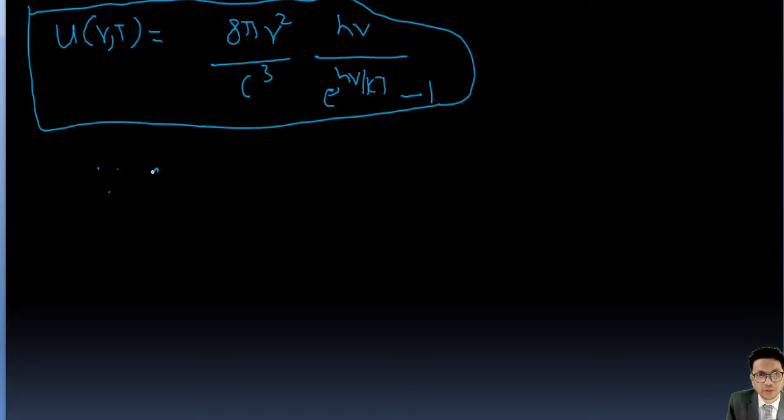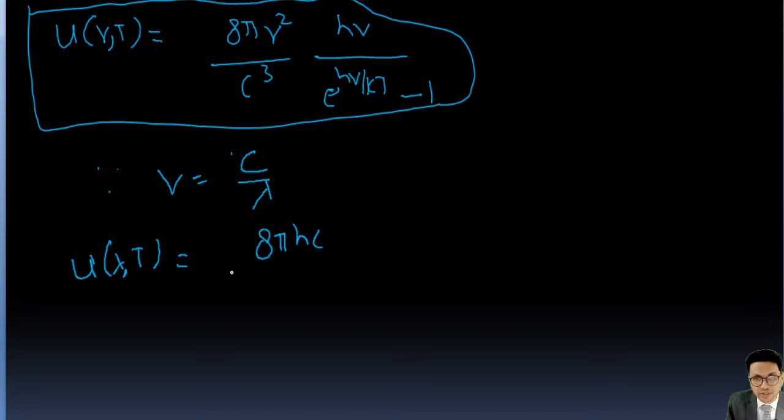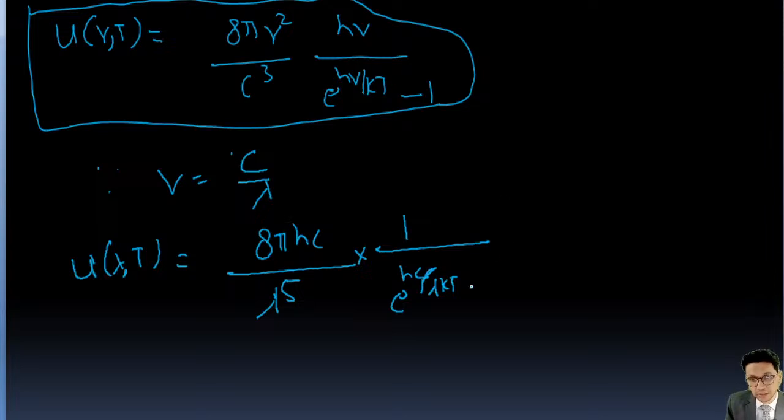Since we know nu equal to c by lambda, putting this value here, we get energy density U, which is a function of lambda and T, going to be 8 pi hc upon lambda to the power 5 into 1 upon e to the power hc upon lambda kT minus 1, where lambda is the wavelength of the radiation.